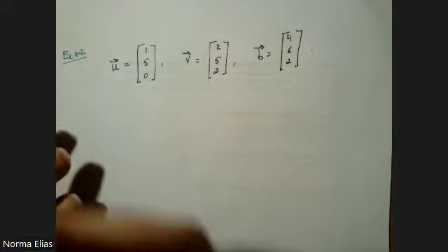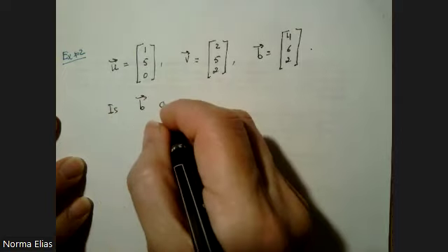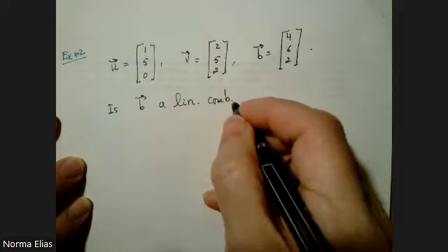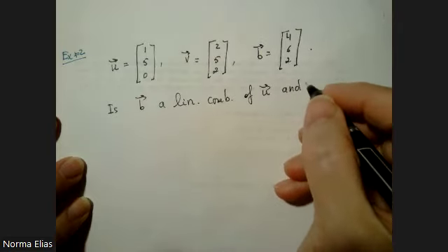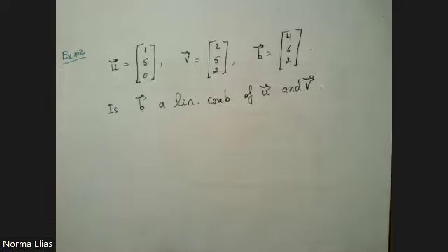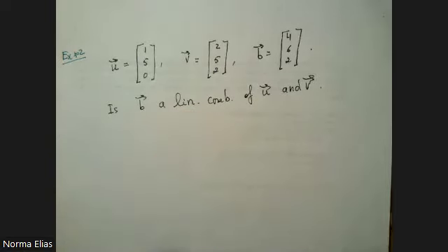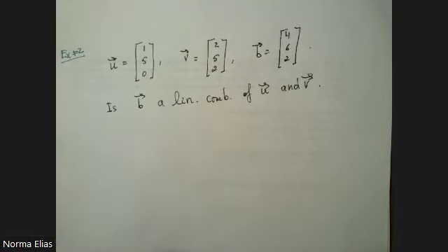And the question is, is B a linear combination of U and V? Can I find a weight on U and a weight on V so that when I scale U and scale V and add them, I reach the vector B?